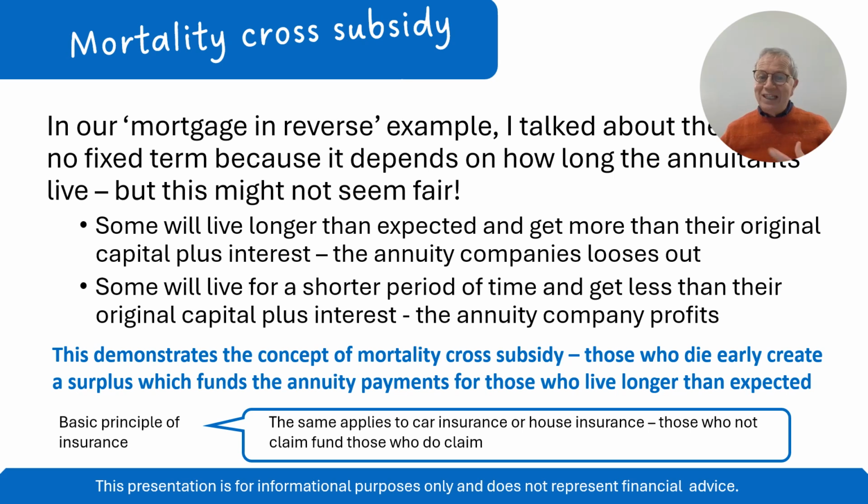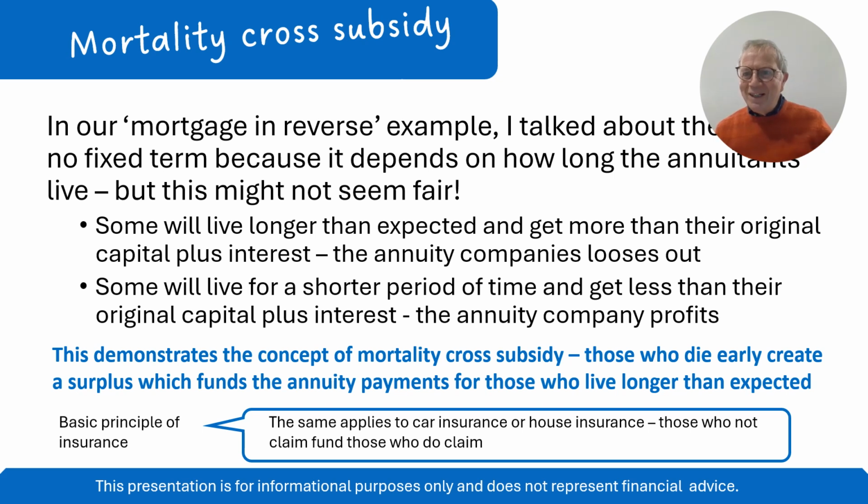So this demonstrates the concept of mortality cross subsidy. Those that die early create a surplus which funds the payments for those that live longer than expected. And it's worth pointing out that this is a basic principle of insurance. The same thing applies to car insurance or house insurance.